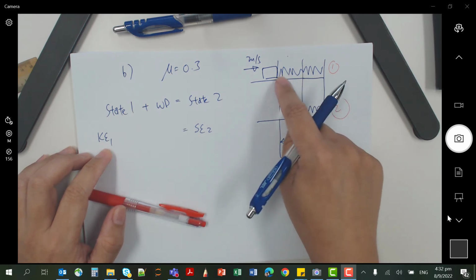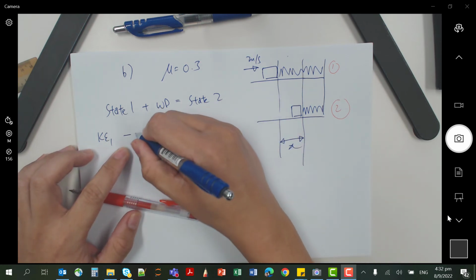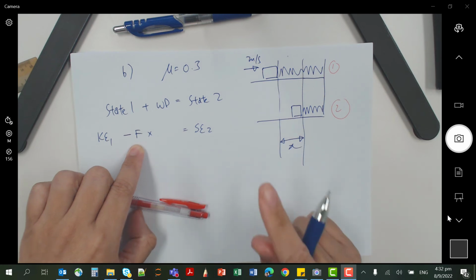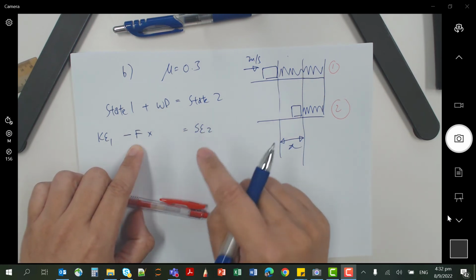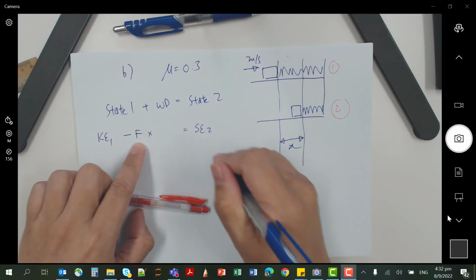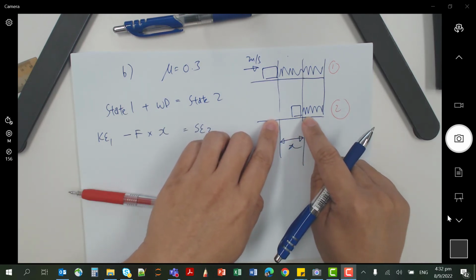Energy is lost due to friction, so I will have to put a minus here. Friction force multiplied by distance. Work done is force times distance, so friction force times what distance? x. x is the distance that was traveled from 1 to 2.